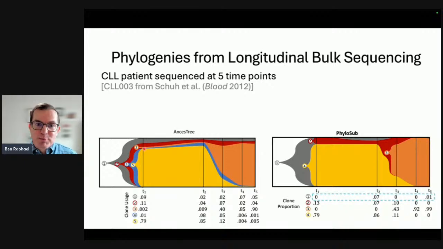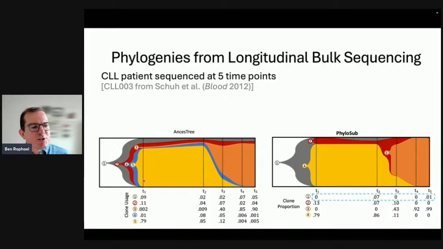First, this problem of building out the phylogeny that is consistent with this mixture is vastly underdetermined. There are often many possible solutions, and each of these algorithms has slightly different ways of scoring or prioritizing these solutions.